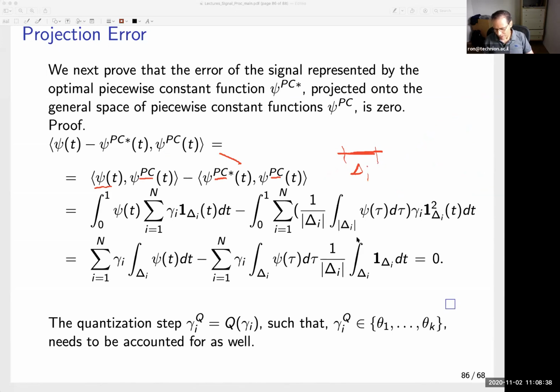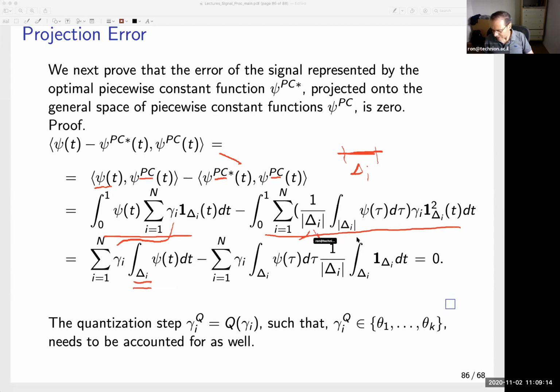So we write everything explicitly, and we have the first term as we see here, and we have the second term as we see over there. And if we do the math correctly, then what we get is that we can pull the gamma i out of the sum and the sum out of the integration if we split the integration into these delta i's. And in the second part, we do the same. The gamma is already outside the integral.